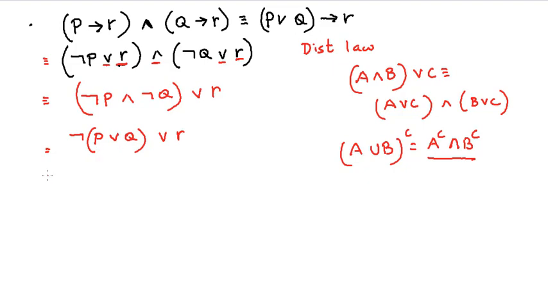Now putting this all together, we use the conditional disjunction formula. We learned it before. P implies Q is equivalent to not P or Q, right? Same thing. So we now have P or Q implies R, which is where we wanted to go.